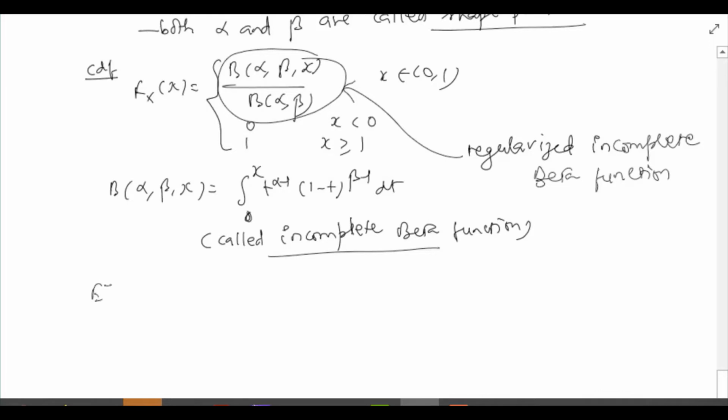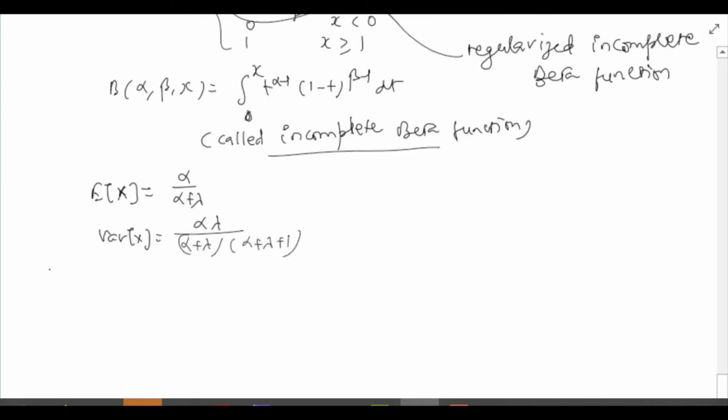Expectation of the above beta distributed random variable, that is E[X], turns out to be alpha divided by alpha plus beta, and its variance turns out to be alpha beta divided by (alpha plus beta) squared times (alpha plus beta plus 1). There is a connection between beta distribution and uniform distribution.